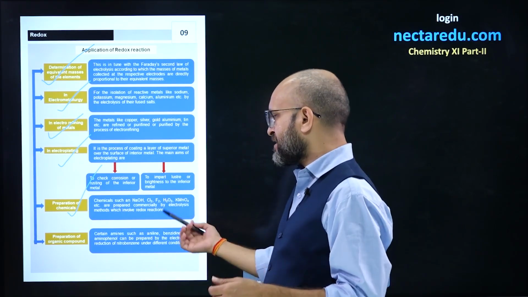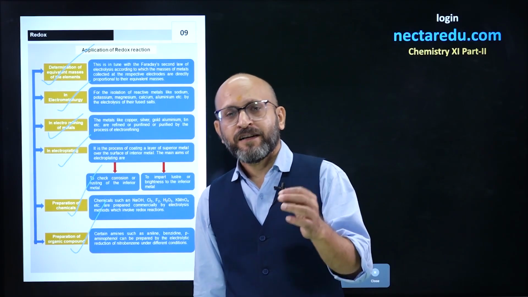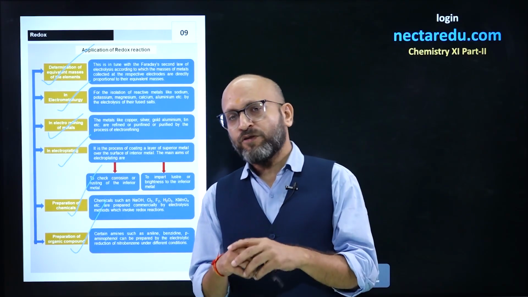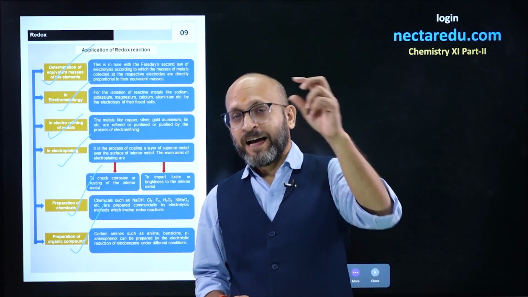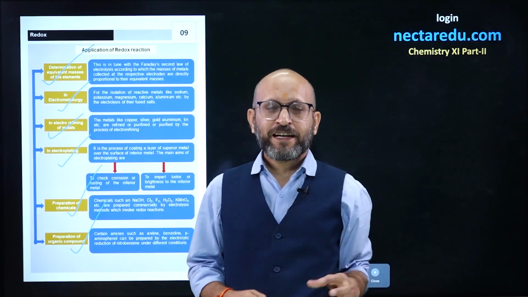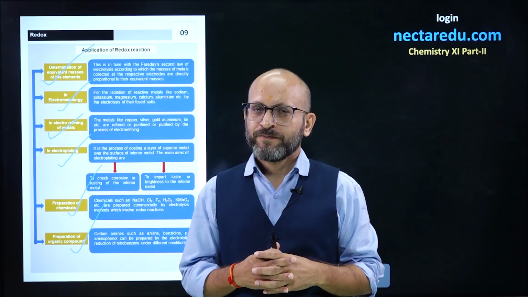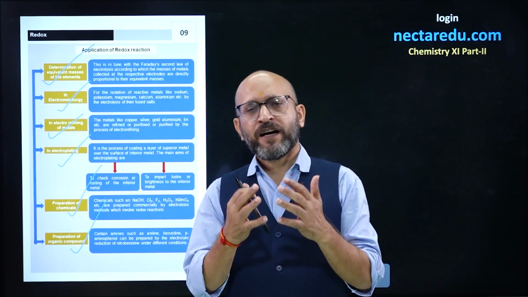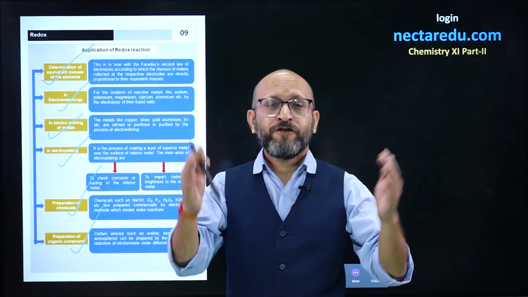Alright, and last but not the least, preparation of amines: by the electrolytic reduction of nitrobenzene, you get aniline. Similarly, other amine products can also be obtained by electrolytic reduction of nitro compounds. So these are a few of the many applications of redox reactions.